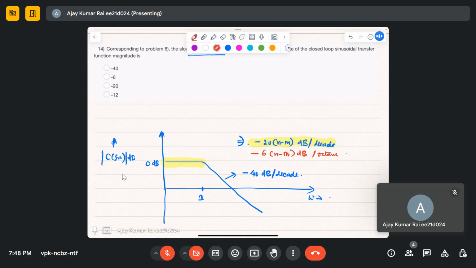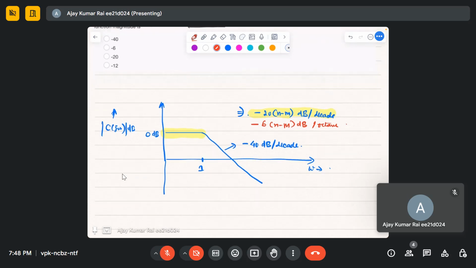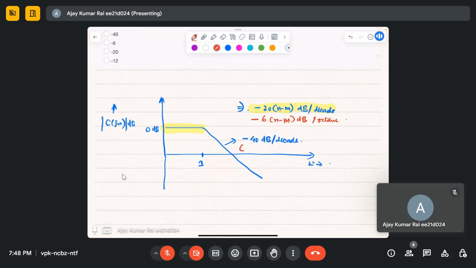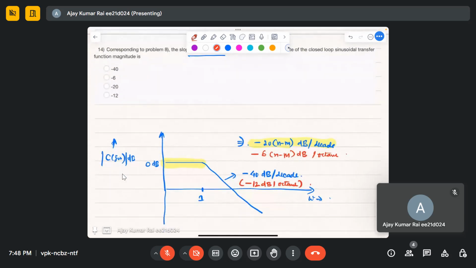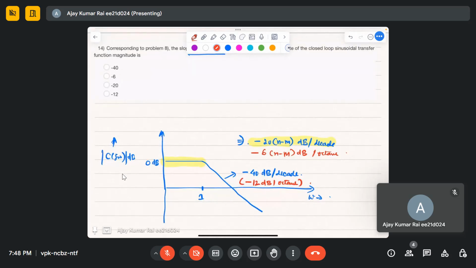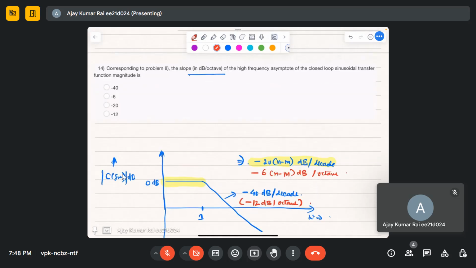With n equal to 2 and m equal to 0, you'll get minus 12 dB per octave, because you have two poles.